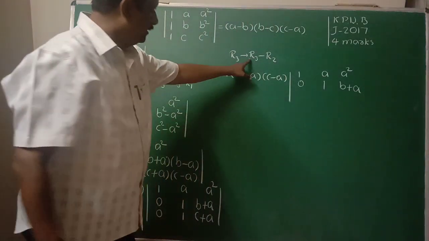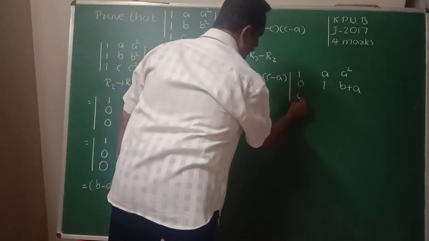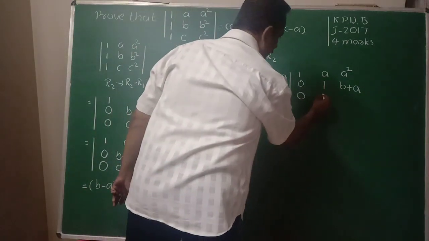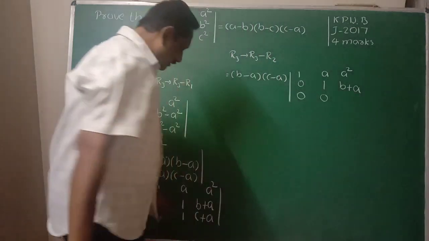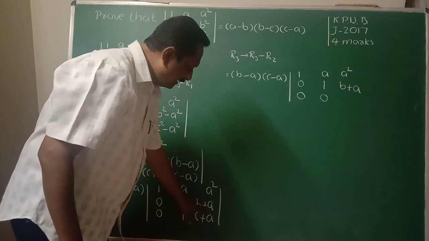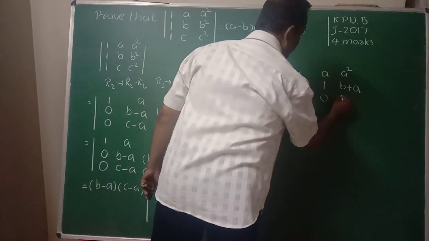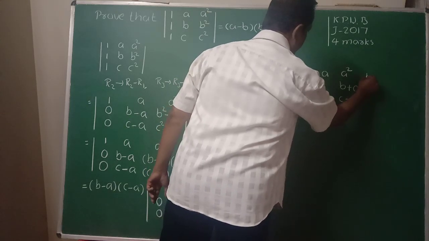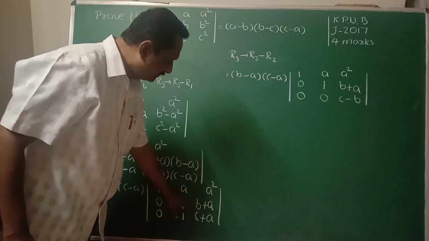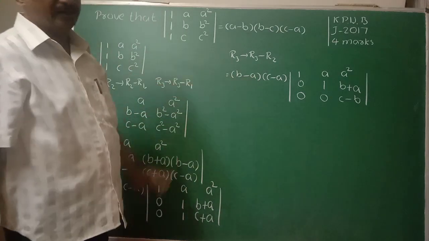Then R3 minus R2: 0 minus 0 is 0, 1 minus 1 is 0, then c plus a minus b plus a. Here a and a cancel, remaining c minus b.